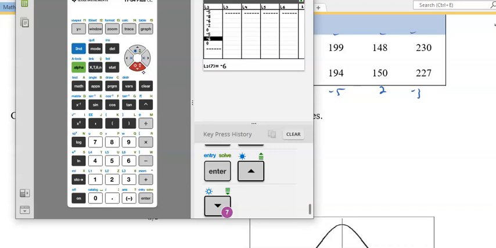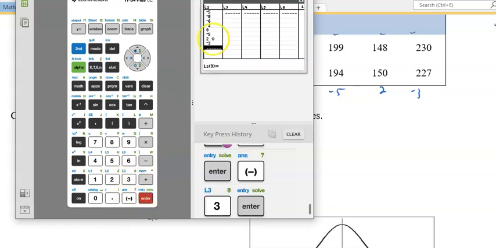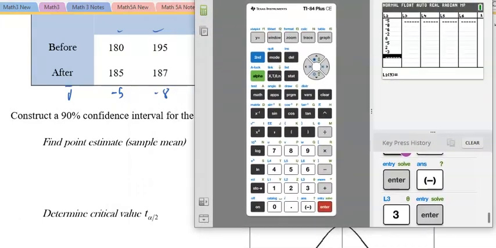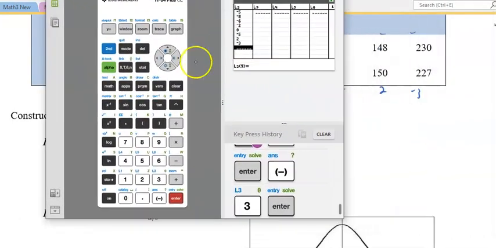Where did that -6 come from? That's a 2. And that's a -3. That's odd. Okay, -5, 0, -2, -6, -8, and okay, very good.